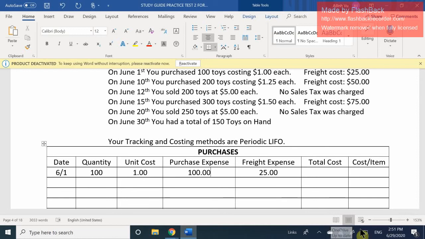And what is the total cost of it? $125. And how much does it cost per item? $1.25. Okay. First thing that we're going to do, I forgot this part. Your tracking and costing methods are periodic LIFO. Again, that was just information that you need to read. So okay, what happened on the 10th of June?